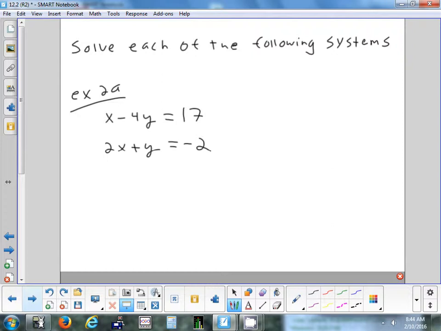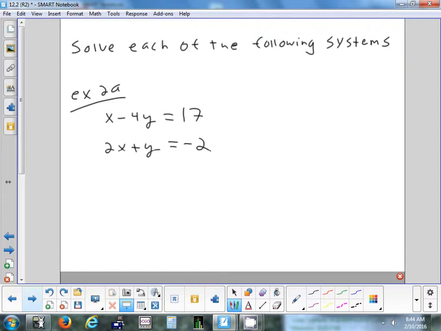Great, step 1's done. But you could also be looking for a variable that has no number attached. It might not be by itself on one side of the equal sign, so you might have to move a few things around to get it by itself.